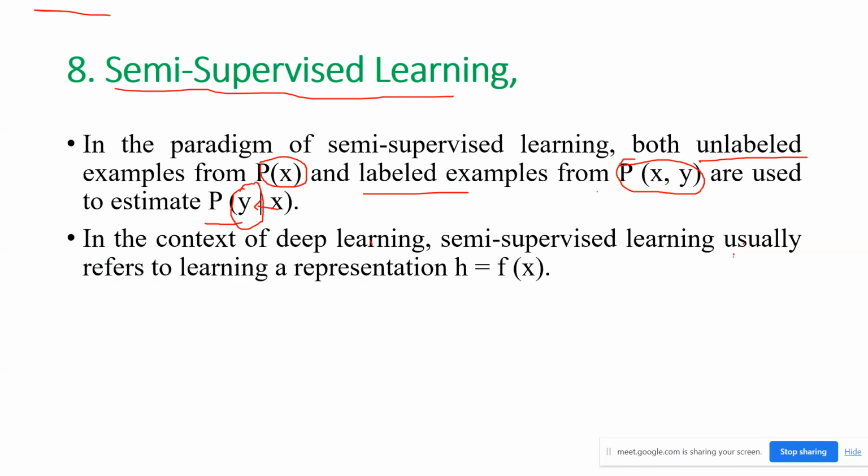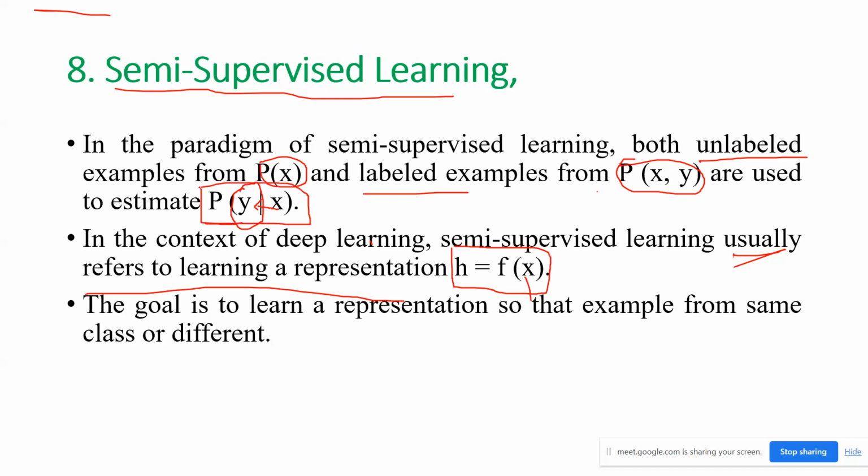In deep learning, semi-supervised learning is usually referred to as representation learning. This learning representation is represented with h equal to f of x. What is this f of x? F of x is nothing but estimating the output. The goal is to learn how we represent examples from the same class and from different classes. This is one of the important identification learning processes we need to do.